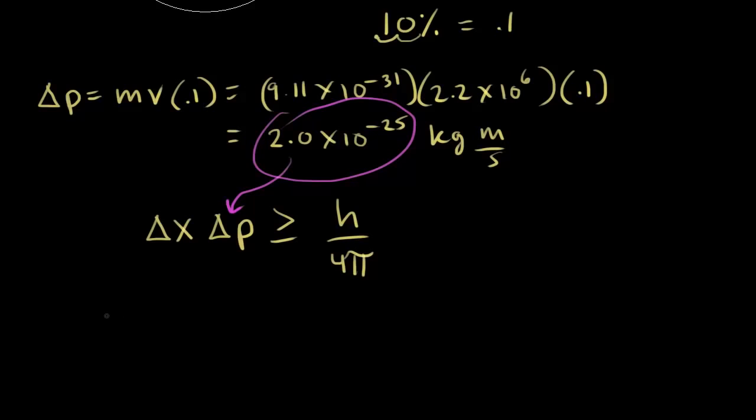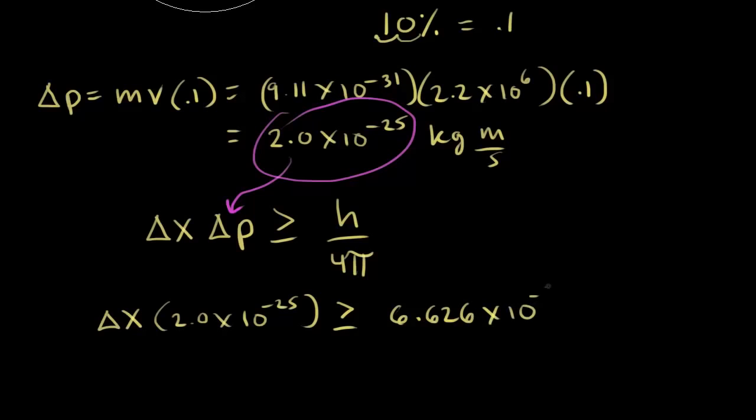Now we have the uncertainty in the position of the electron in the ground state of the hydrogen atom times 2.0 times 10 to the negative 25. This product must be greater than or equal to Planck's constant, 6.626 times 10 to the negative 34, divided by 4 pi.